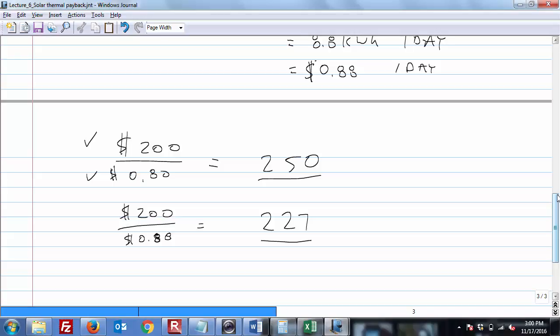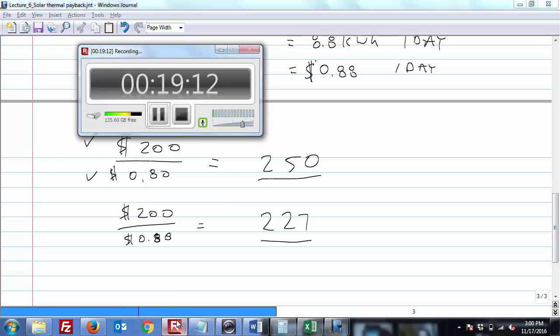And the assumption here is that more heat is good, which could be true. I guess because we're stretching it, that'd be 227 days of heat to pay it back. Yeah. You can do a similar calculation for solar PV, but we can do that in another course.